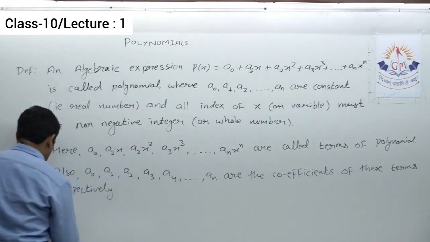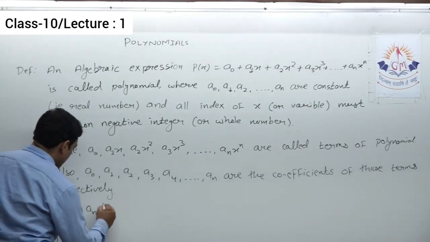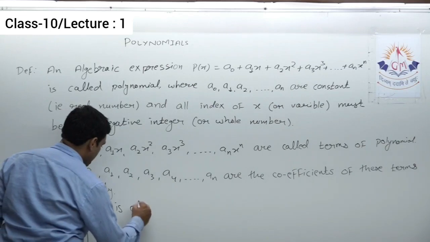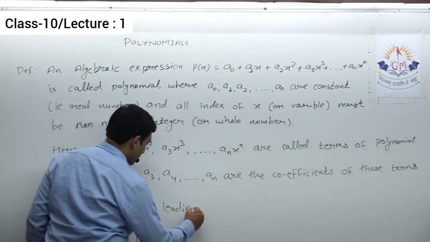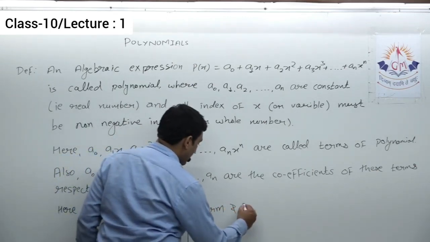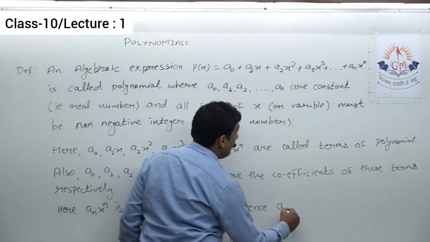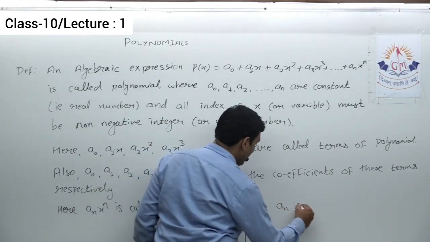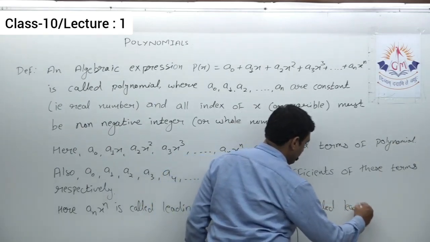So here an x raised to n is called the leading term, and hence an is called the leading coefficient.